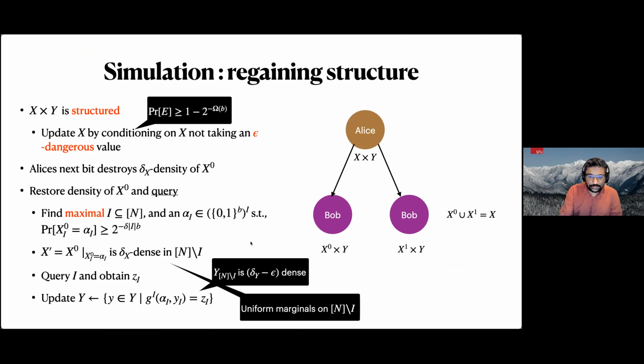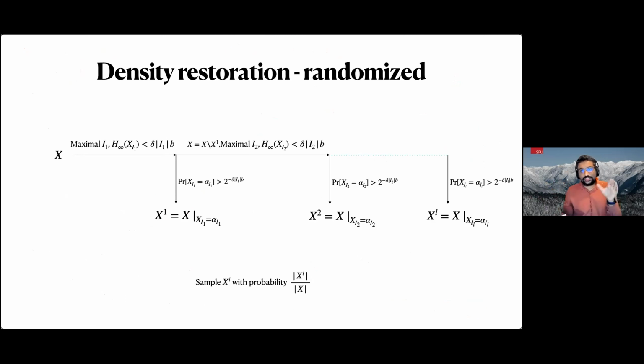So just following up on this. The density restoration argument that I presented earlier was for deterministic lifting. There you only need to go through the nodes of this protocol and maintain that at any node that you're at, you have at least one XY which is from F inverse of C. But in the randomized protocol, you have to sample the next node according to the correct probability.